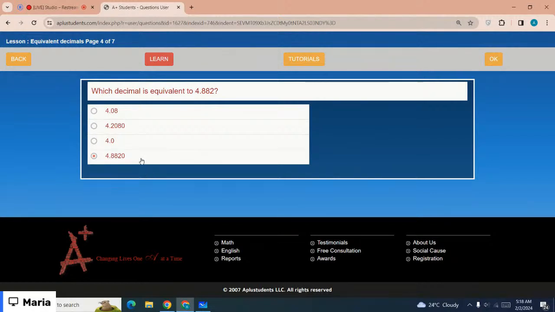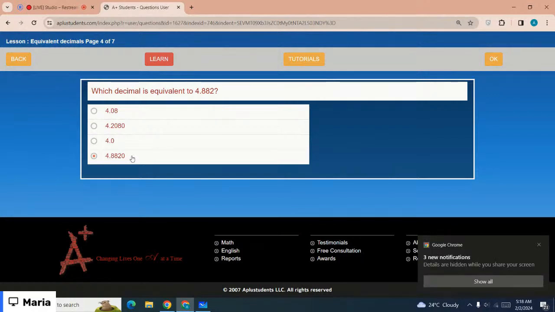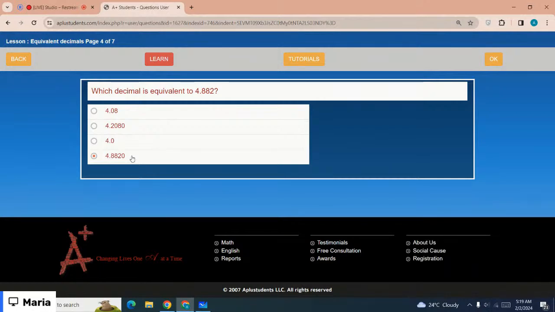The digits must be the same, just the number of zeros at the end changes. You can add whatever number of zeros, right? The digits and the placement of the decimal point must be the same, right? Digits are the same, 4.882. The last one is the correct option, 4.8820. Got it? The last one is the correct option.